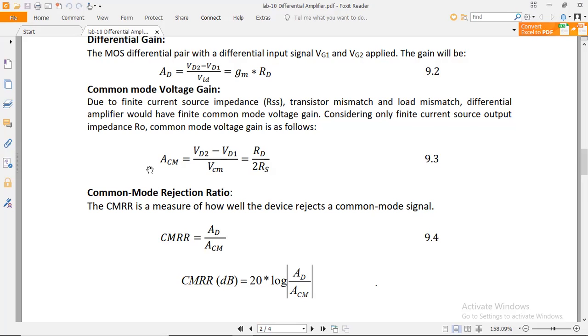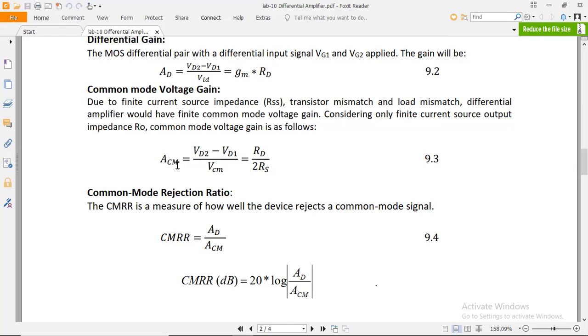So this is the main thing, that by the differential way we get the differential mode. Now, but we are discussing common mode here. Considering only finite current source output impedance R naught, common mode voltage gain is as follows.